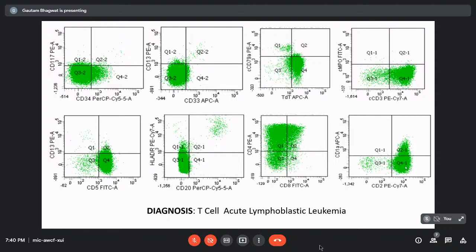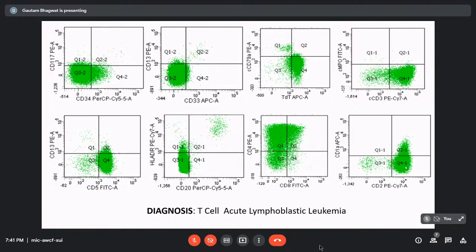Along with that, you would have CD1a negative, CD8 negative, and CD5 would be dim. So with all these markers, you diagnose ETP-ALL. Again, I am not showing the plot because it would be a bit difficult for the pathology postgraduate students. Understanding ETP-ALL might get difficult, but you must definitely know the entity and the markers associated with it.